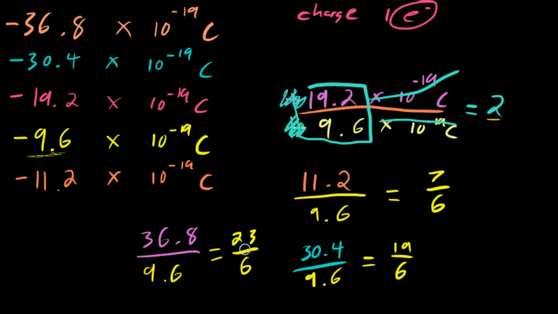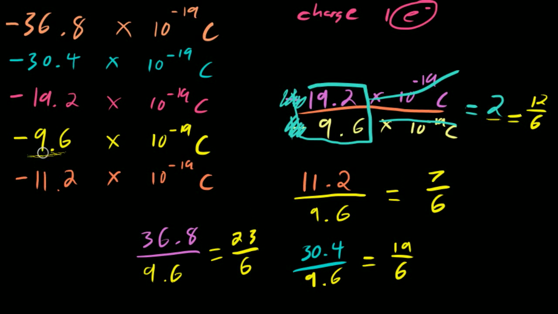What's the common denominator that we have for all of these other ratios? Well, it's 6, right? And we could even rewrite this whole number as 12 over 6, right? That's the same thing as 2. So now we've got all of our ratios expressed as having a common denominator of 6.